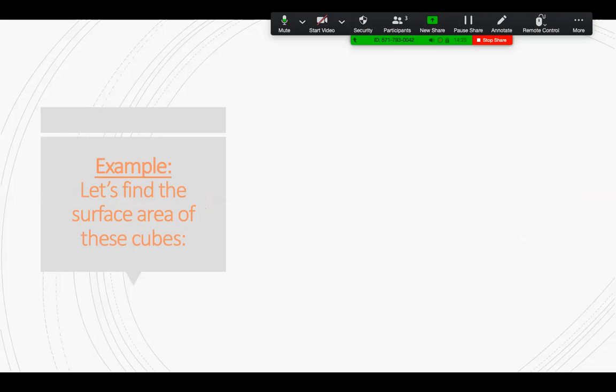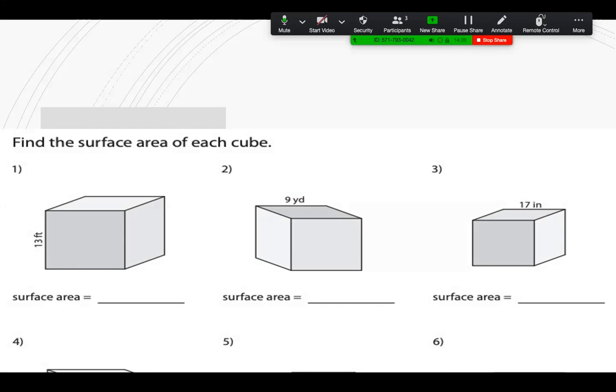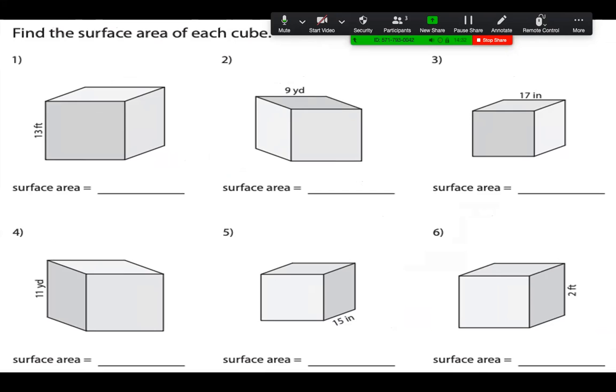Now, let's work out an example together and find the surface area of these cubes. Can you see them? Yes. Okay, Badr, I will assign the first cube for you. You will be doing question 1. And Khalid, you will be doing question 2. Okay? I'll give you 2 minutes. Is it fine?